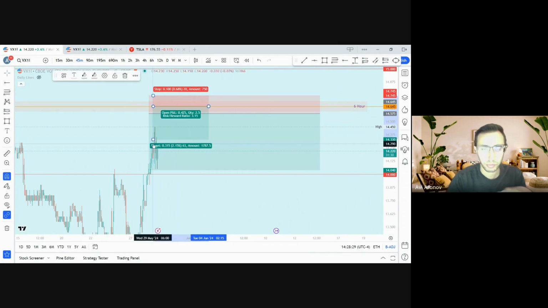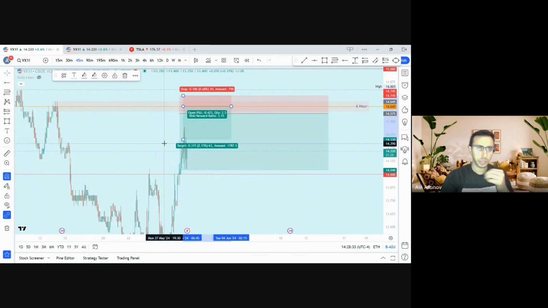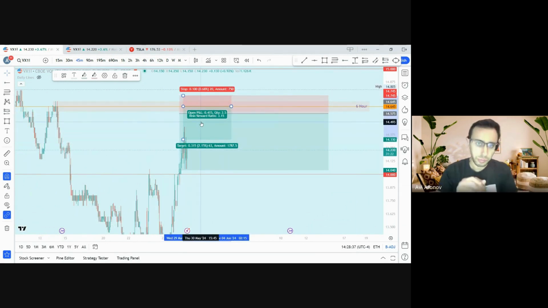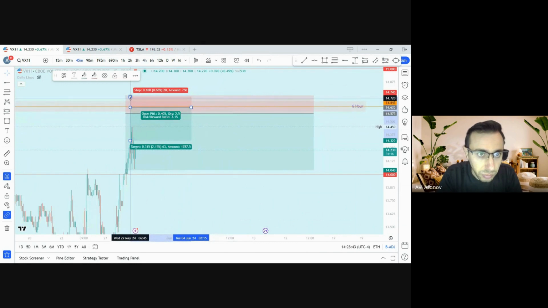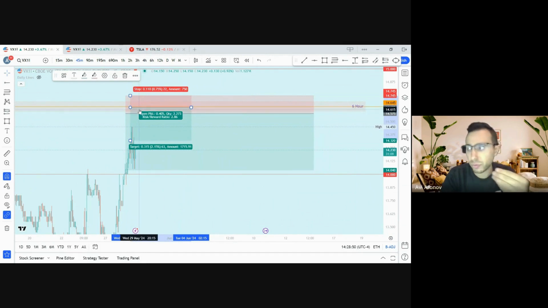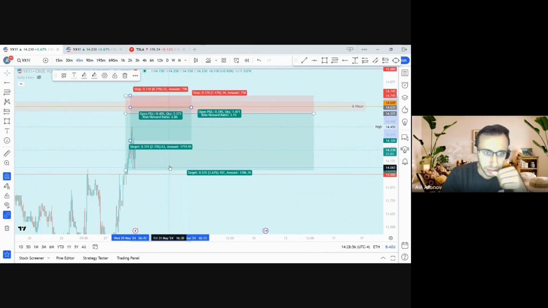And first take profit would be in this area right here. So basically your take profits will be very good. You can move it by one tick below, two ticks below, give it a bit more room, so it actually fills you in. It's very important to make sure that it fills you in.